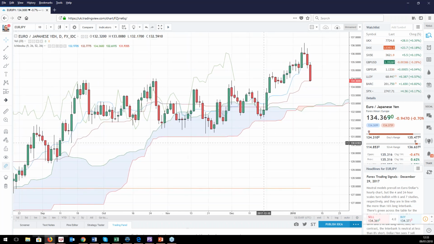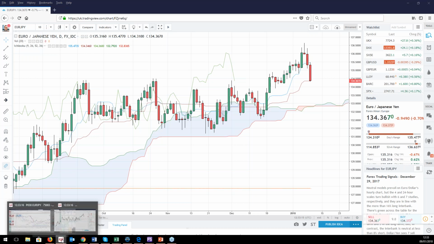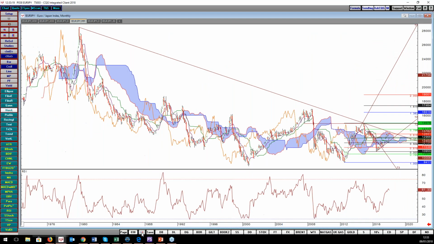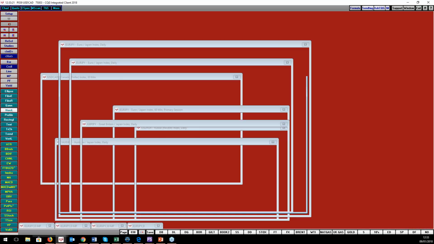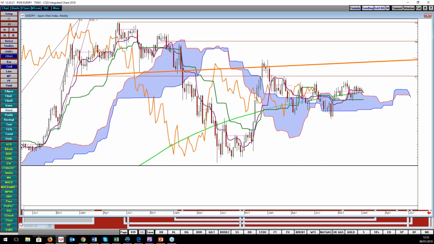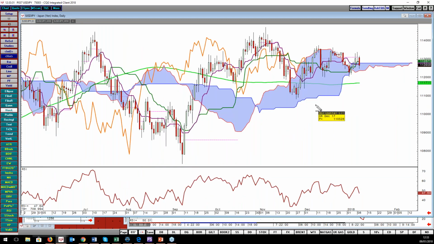Okay, so that's Ichimoku. While we're here, we might as well have a look at Dollar Yen on the Ichimoku charts and see what the current outlook for that is. On the daily chart, it's a mess.